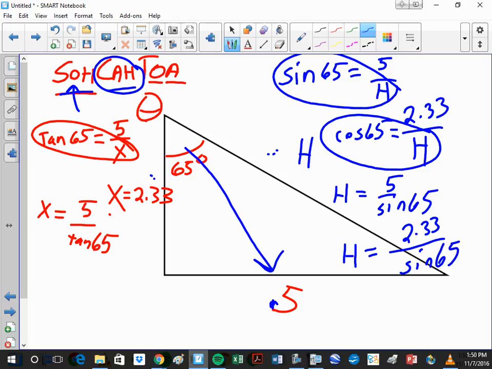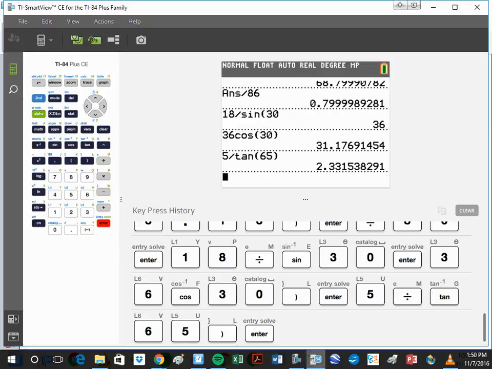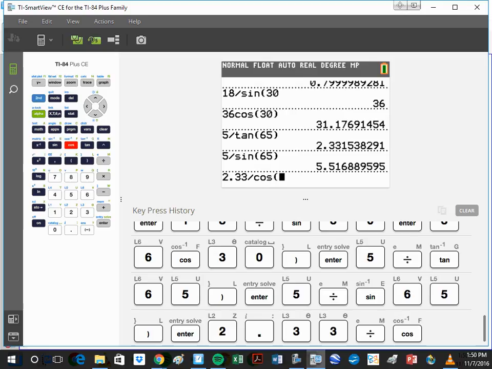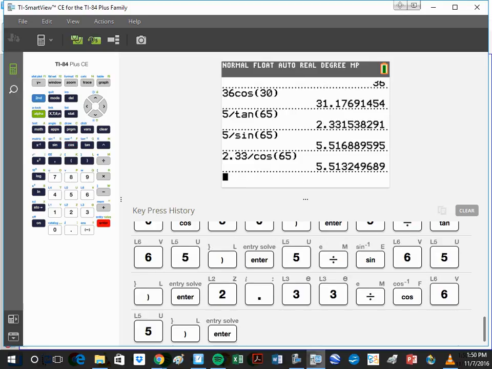Those are not going to give me exactly the same answer. Let me show you why. So 5 divided by the sine of 65 gives me that, and 2.33 divided by the cosine of 65 gives me something really close. Why are they not exactly the same answer? The reason is 2.33 has been rounded.